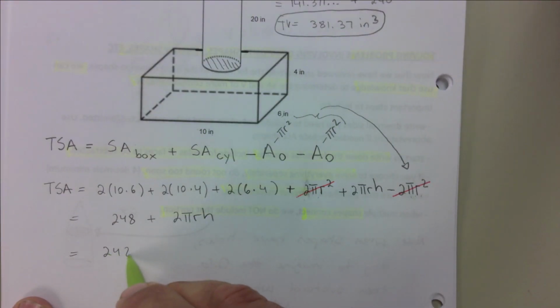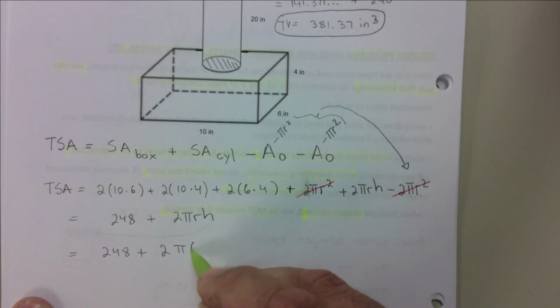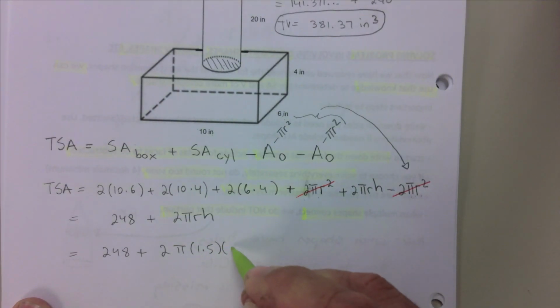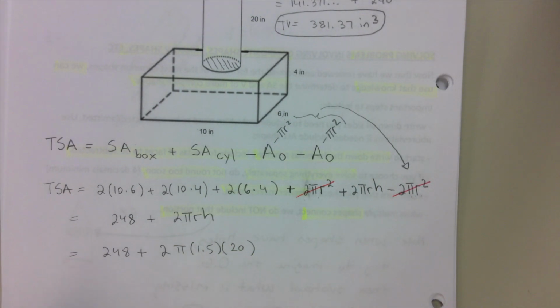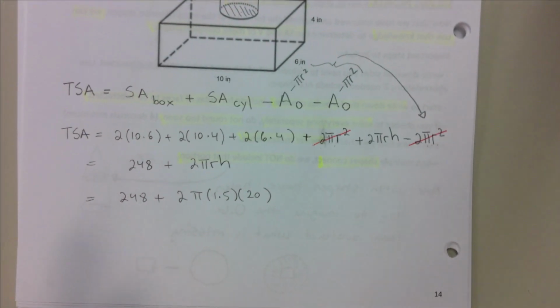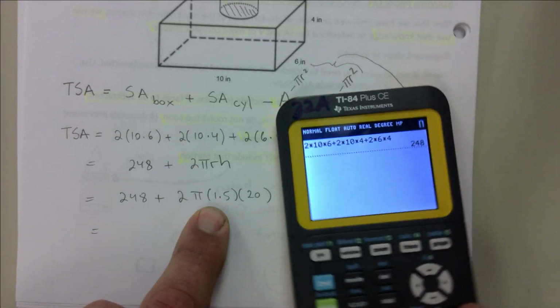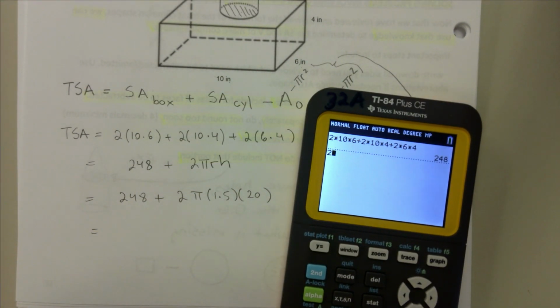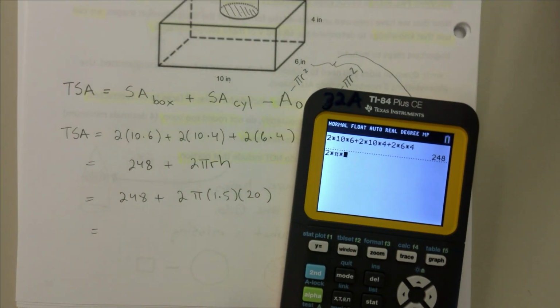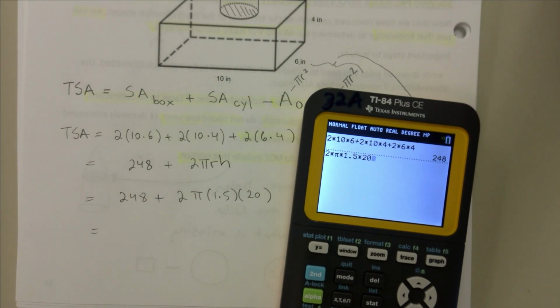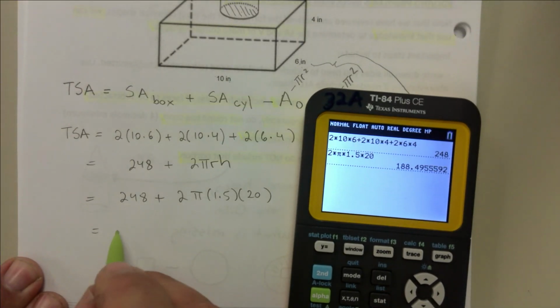So that's 248 plus 2 times pi, the radius is 1.5, and the height is 20. And I will just do this number here on the side. So it's 2 times pi times 1.5 times 20. That's 188.